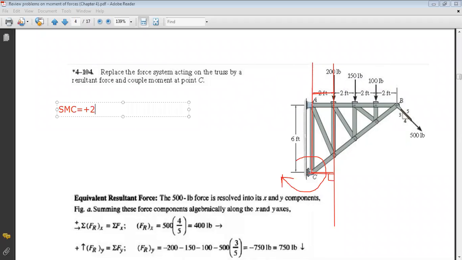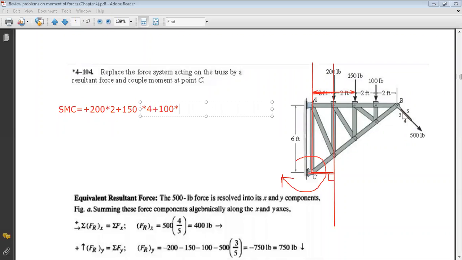So for the first it's plus 200 times 2, for the second it's plus 150 times, what is the distance for 150? It's this distance. If I take the parallel from C to the force, this is the distance, it's 4. So plus 150 times 4 plus 100 times 6.